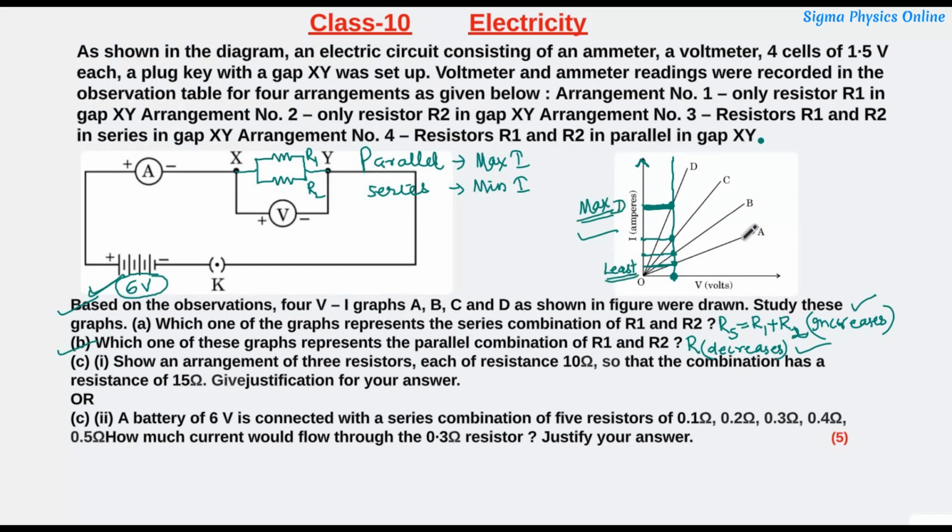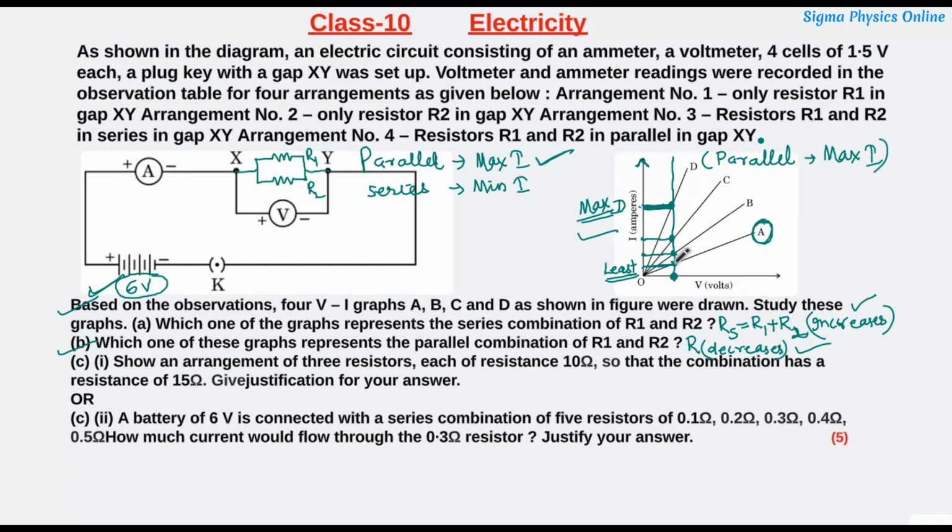So the line A has the least value of current and the line D has the maximum value of current. Now the maximum value of current, we know that it is possessed by the combination when these resistors are connected in parallel. So this line D represents the parallel combination which has maximum current.